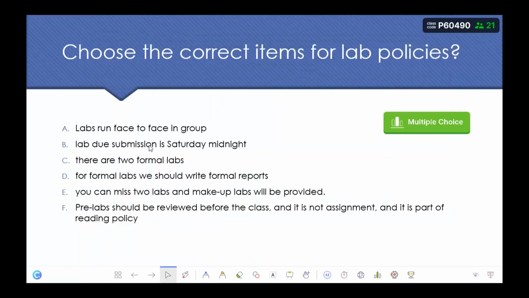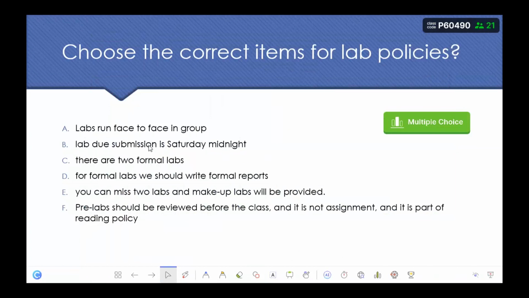Lab 2 submission is Saturday midnight. No. Lab 2 submission is right before leaving the class. When you are done with the lab, you have all your report, yes? You scan and then upload in your D2L. And there are different methods, okay, for scanning. If you have an iPhone, you can use the Notes app to scan.